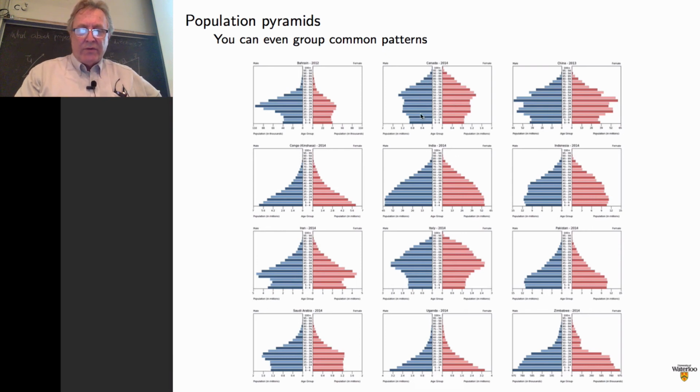Another one that's roughly the same shape is this one here, which is Italy, I think, another Western country. And you can see some of these countries are more shaped like this muffin shape than others, for reasons you can imagine related to birth control and other things. So those are back-to-back histograms.